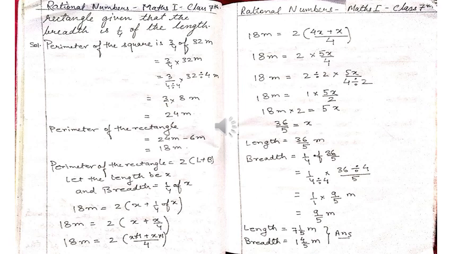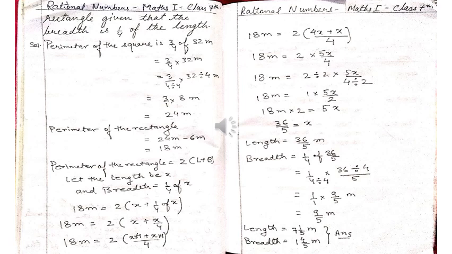Now as you can see in the calculation, 18 meter is equal to 2 into 5x upon 4. Now do the cross multiplication, and 18 meter into 4 is equal to 10x.